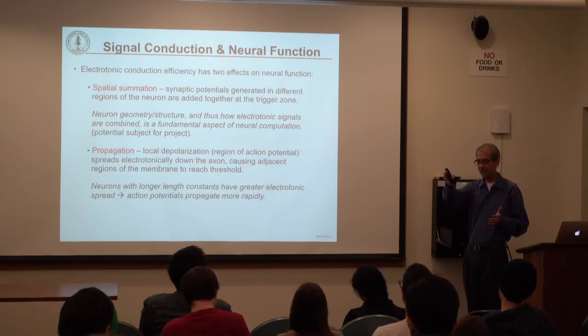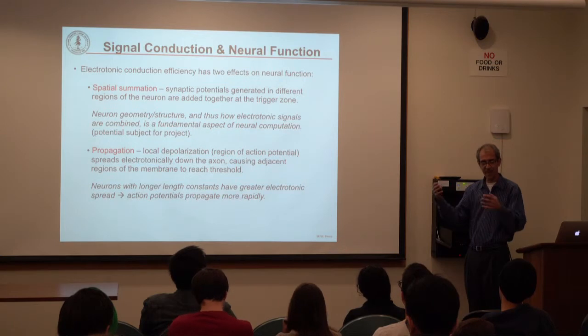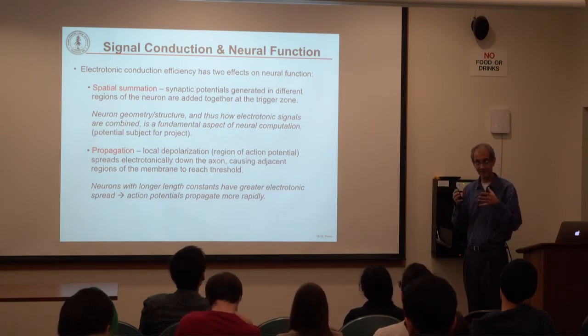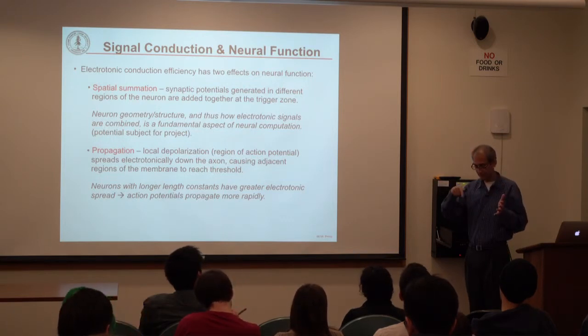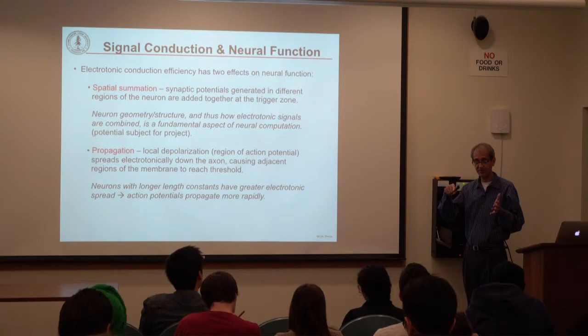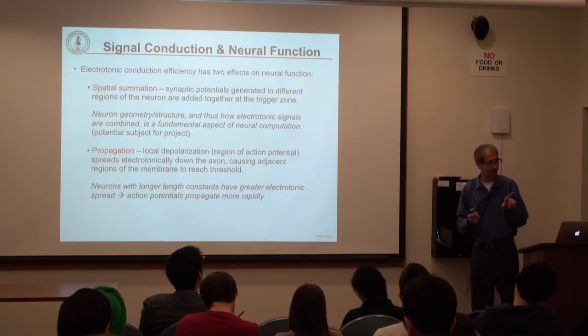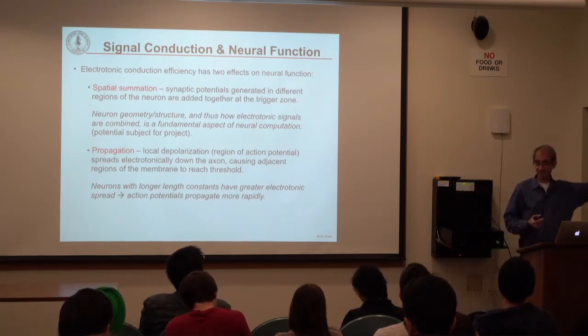By looking at how the voltages from my different inputs add together, because ultimately I have to have one voltage, and then comparing that voltage to some threshold, I, as the neuron, and particularly in the trigger zone, the axon hillock, may or may not decide to fire an action potential and send it out my axon to the next element. Okay?